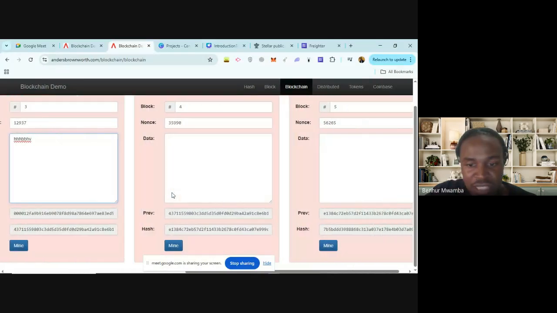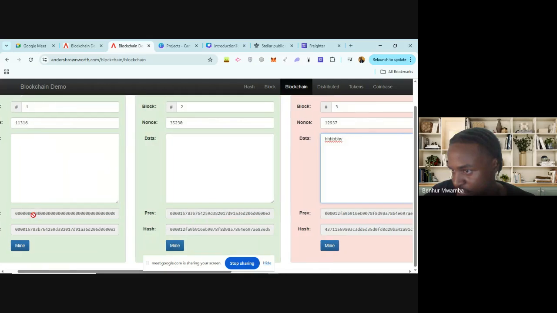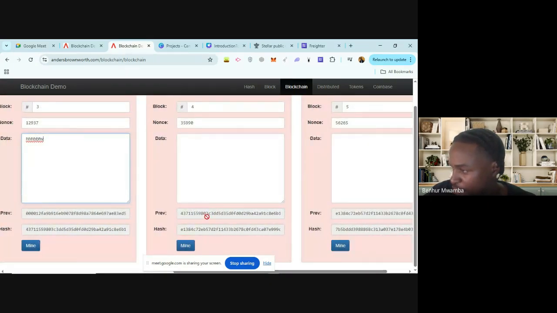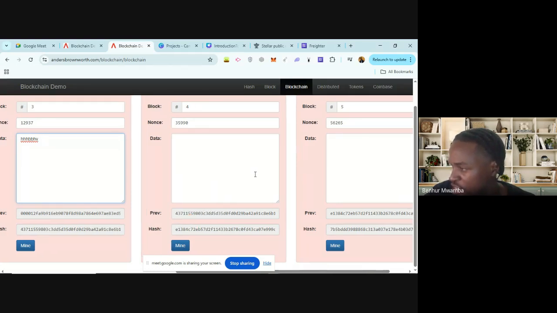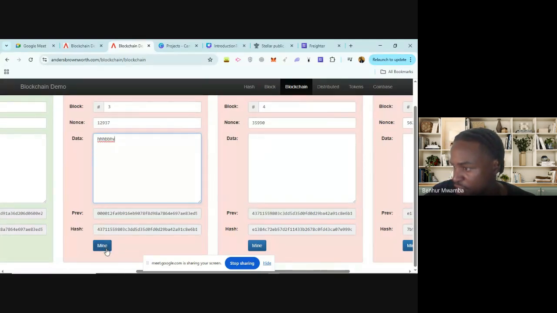Now the whole chain does not make sense anymore, because now that I've typed some data, my hash has changed. My previous hash is still the same, because this was a valid block, and all the blocks that follow are now broken. Even if I mine here, let me mine, then you'll see. But here we're talking about one computer, one node with one chain.